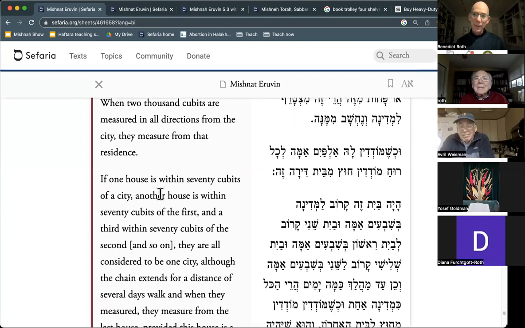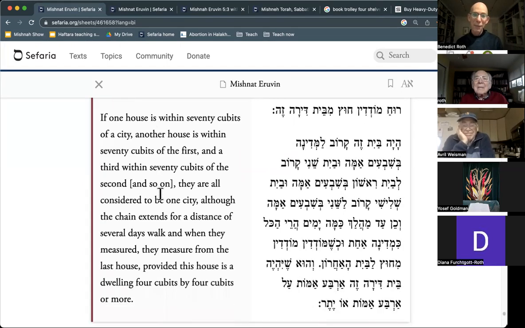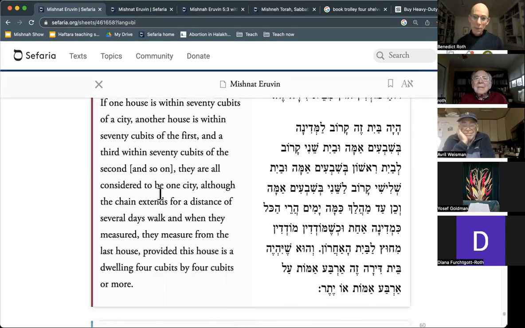So in other words, as long as the residences, and they have to be habitable residences, are within 70 cubits of one another, then they're all considered to be one city, even though the chain can exist for a distance of several days' walk. And when we measure from the last house.